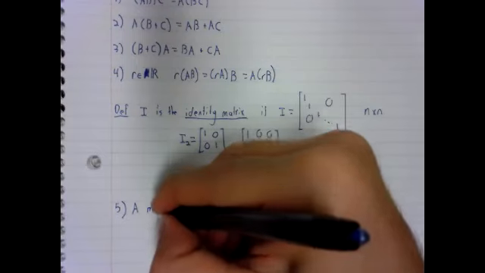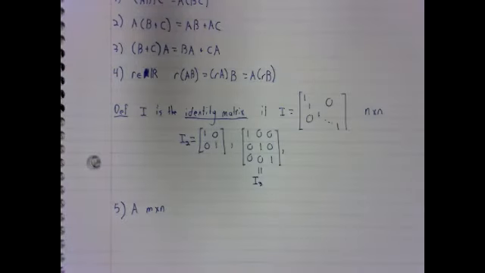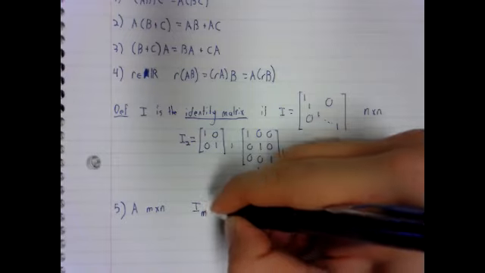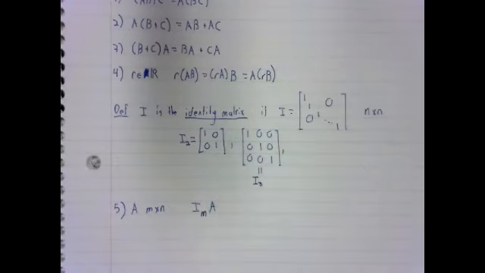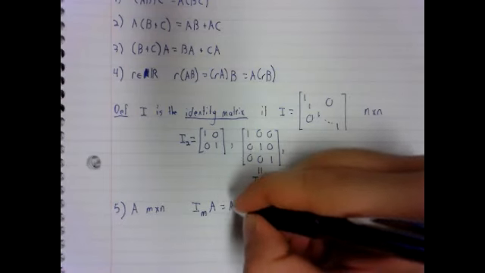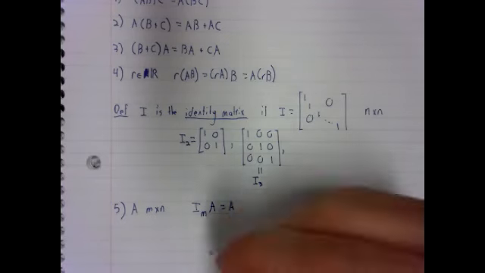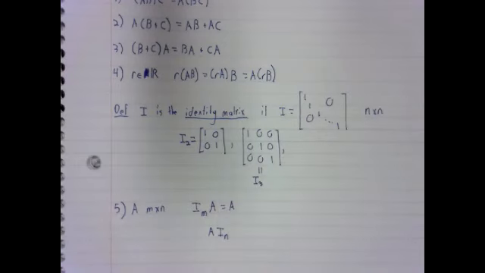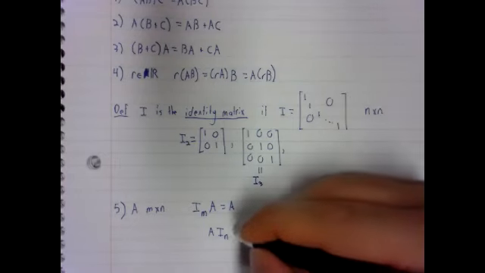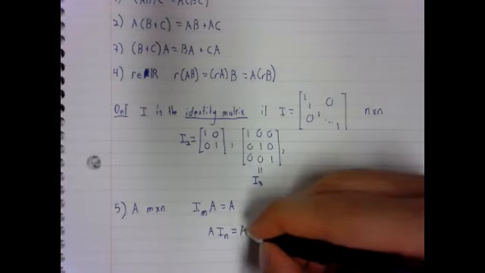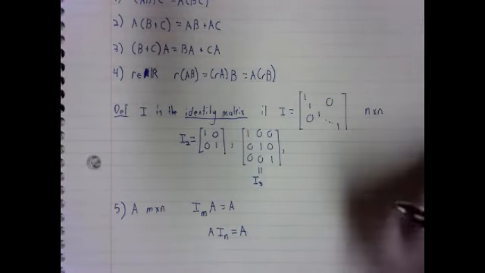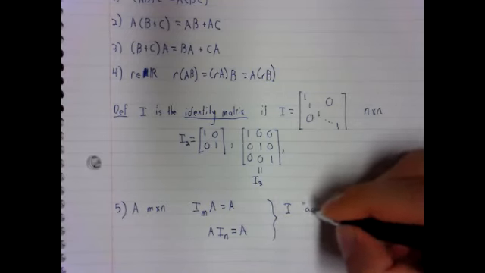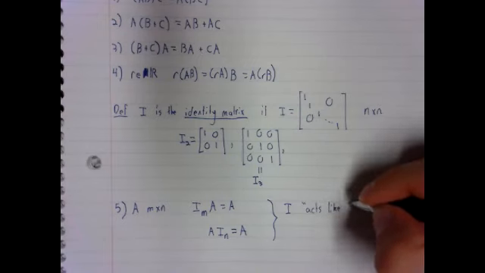Let A be m by n. Then if we multiply the m by m identity matrix by A, we just get A. And if we multiply A by the n by n identity matrix, again, we just get A. So I acts like 1.